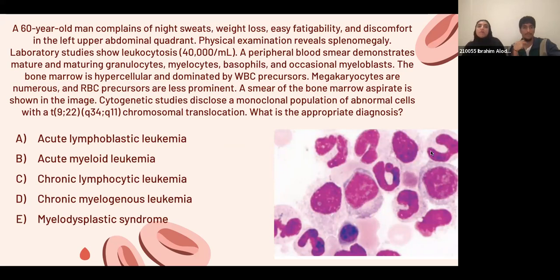The bone marrow is hypercellular and dominated by white blood cell precursors. Megakaryocytes are numerous and RBC precursors are less prominent. A smear of the bone marrow aspirate is shown in the image. Cytogenetic studies disclose a monoclonal population of abnormal cells with a 9;22 chromosomal translocation. What is the appropriate diagnosis?